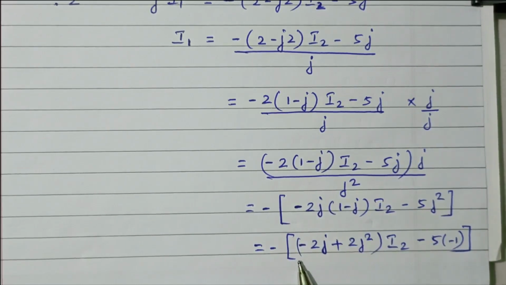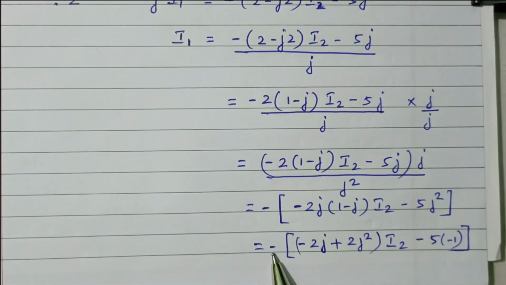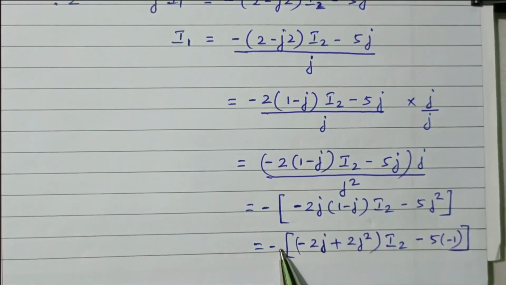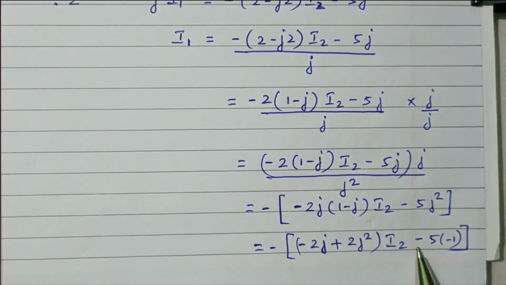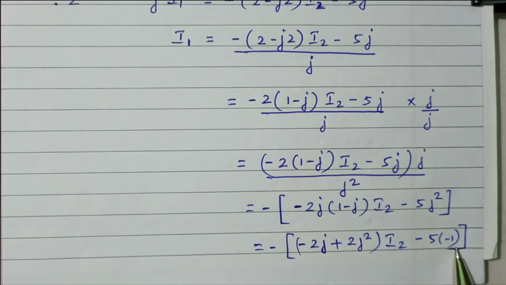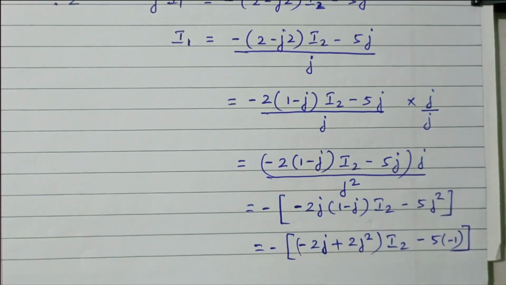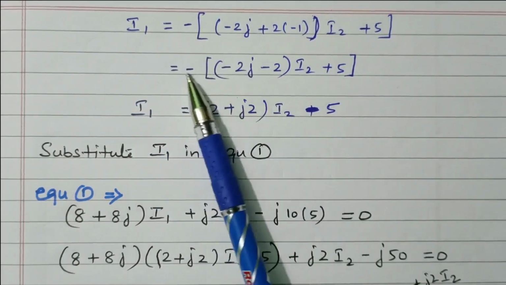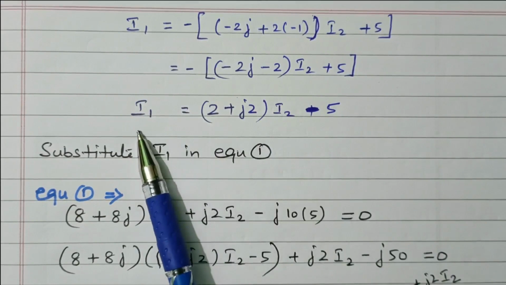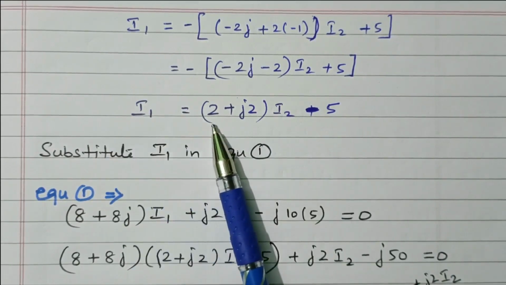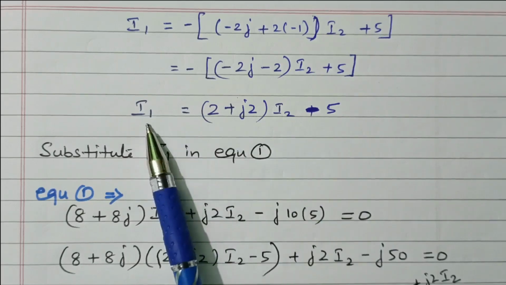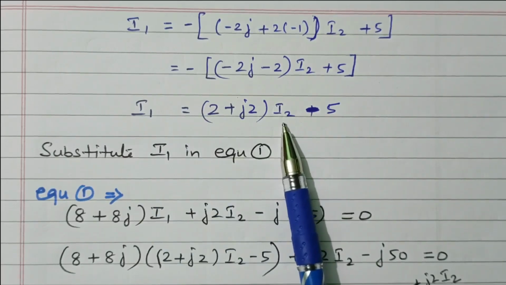Minus of minus 2J plus 2J square into I2 minus 5 of minus 1. Now we multiply inside and simplify further. Finally we got I1 equal to (2 plus J2) into I2 minus 5. So I1 is available in terms of I2.